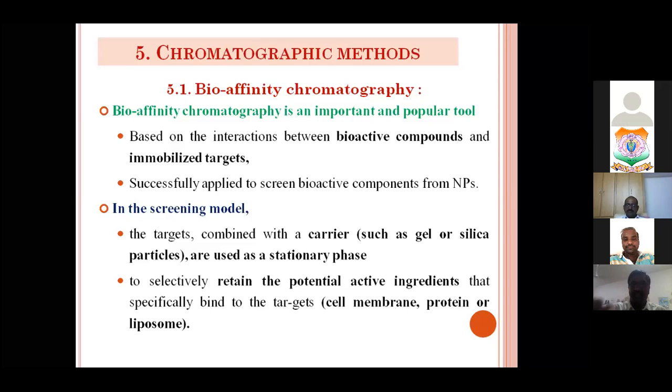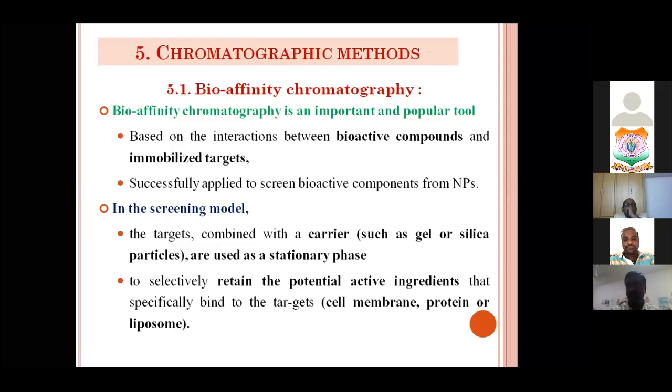That is called the stationary phase, or nothing but a carrier. See, the targets combined with a carrier such as gel or silica particles are used as a stationary phase. What happens? They selectively retain the potential active ingredient that specifically binds to that particular target, maybe cell membrane, or maybe protein, or maybe liposome.